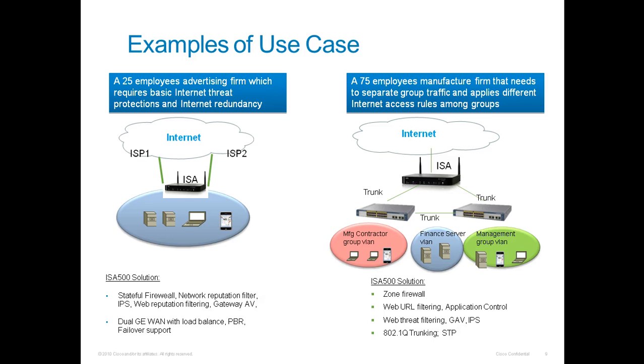And the ISA also can support failover. So we can configure ISP1 as the active and ISP2 as a standby. It also supports the PBR, policy-based routing, to define which route that we want to choose for the specific machine or laptop or server.